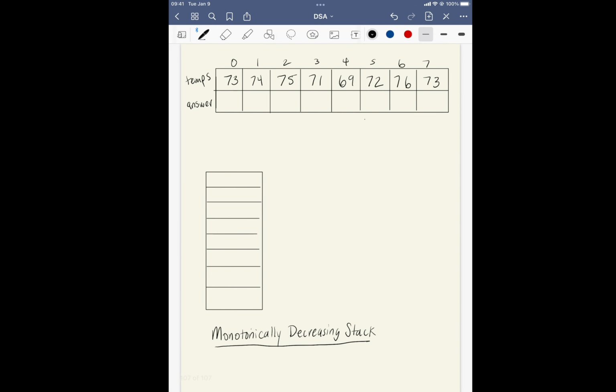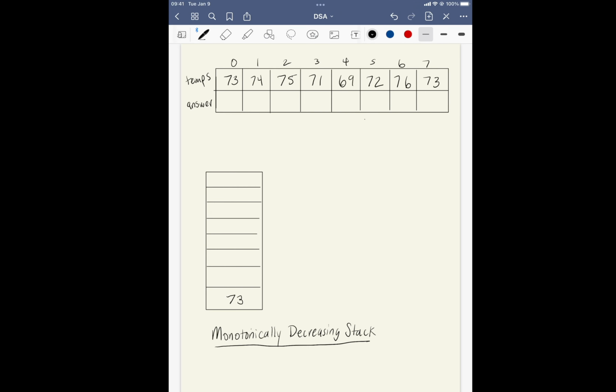So this is our temperature array, and this is our answer array. And this represents our stack. And our stack is going to be always decreasing. So anytime you put a number on the stack, it's going to be a smaller number.